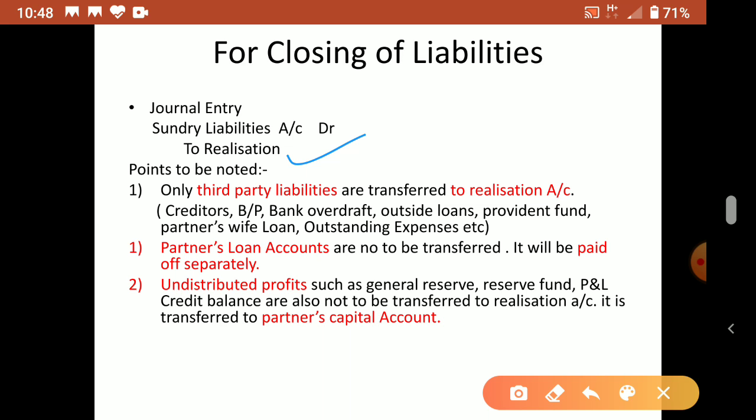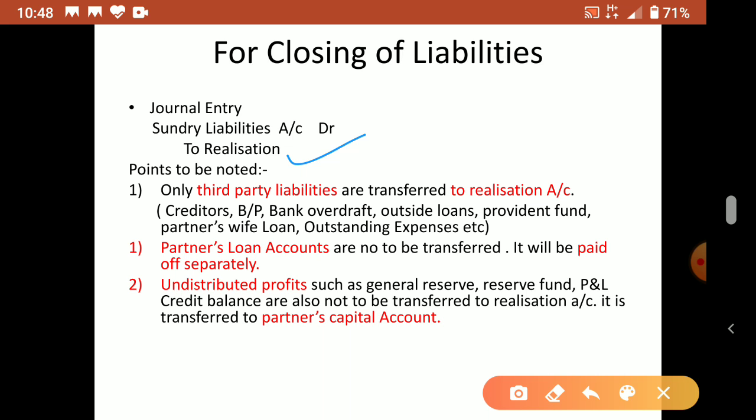Okay, so that will go to capital account. And the capital of the partners, the original investment made by the owners in the business, that capital also appears on the liability side. So out of these three categories, only what we have to pay to outsiders first, that outsiders' money only you have to transfer where? To the realization account.